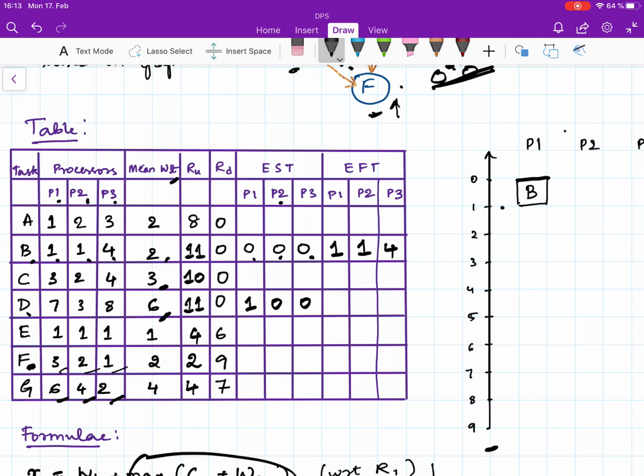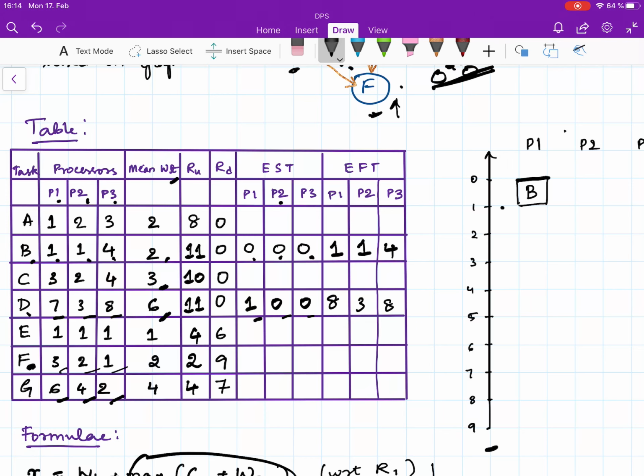So now you add the processor values here to these ones to get EFT. That would mean 8, 3, 8. So if you see the values here, processor P2 would take the least time and finish earlier than all the other processors, right?